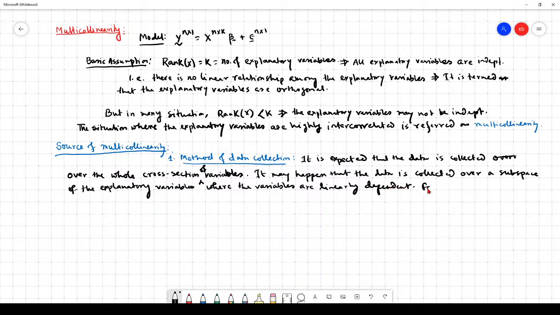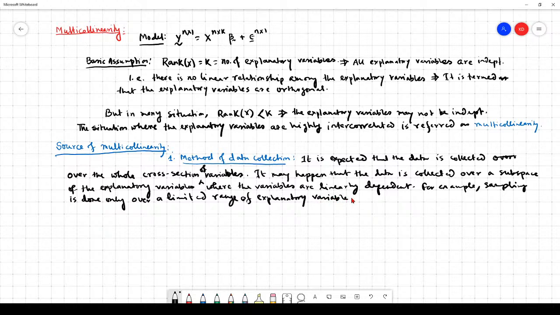For example, sampling is done only over a limited range of explanatory variables in the population.